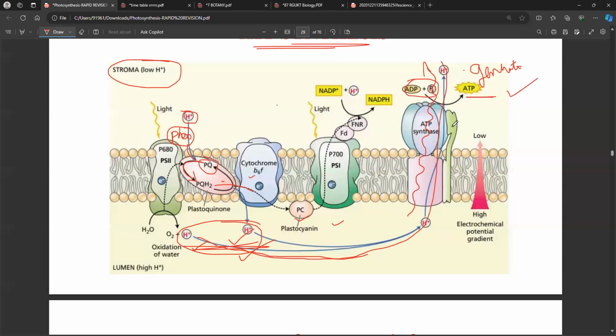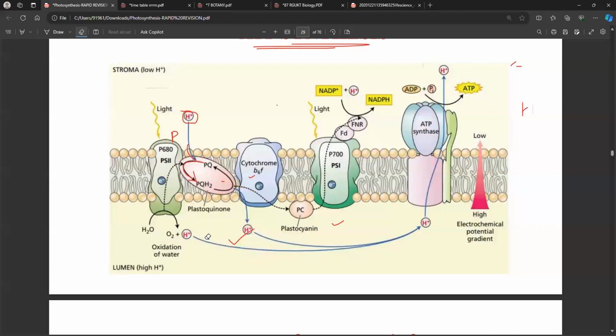Who will catalyze this reaction? The ATP synthase enzyme, which is also called the F0F1 complex. The F0F1 complex synthesizes ATP by using the energy generated from the proton movement. This is how ATP is synthesized.